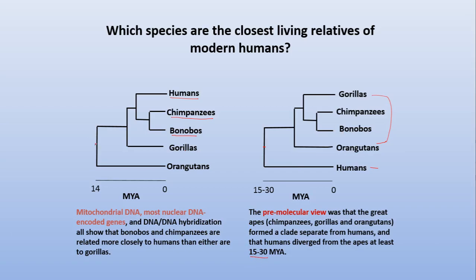But now, in the modern phylogenetic view, we know that the common ancestor of all the primates diverged some 14 million years ago and not 15 to 30 million years ago.